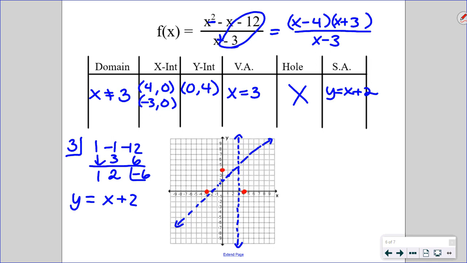I can somewhat tell what's happening just based on the intercepts and then knowing that the graph is going to approach the asymptotes. So this graph, you guys, is going to look like this, and also like this.